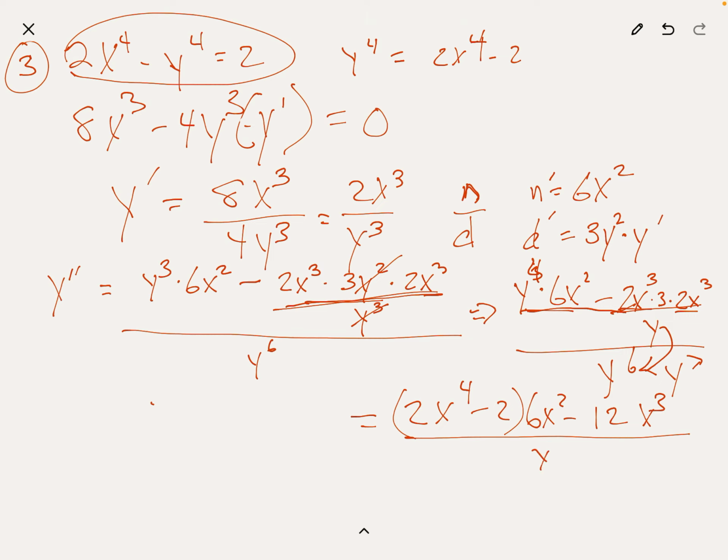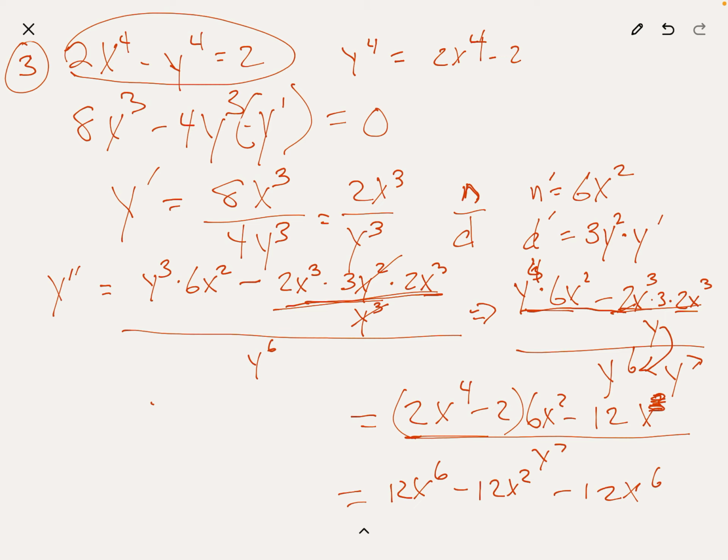And it looks like a mess, but we just expand this first term, so it's going to be 12x to the 6th minus 12x squared minus 12x to the 6th. I made a mistake here.